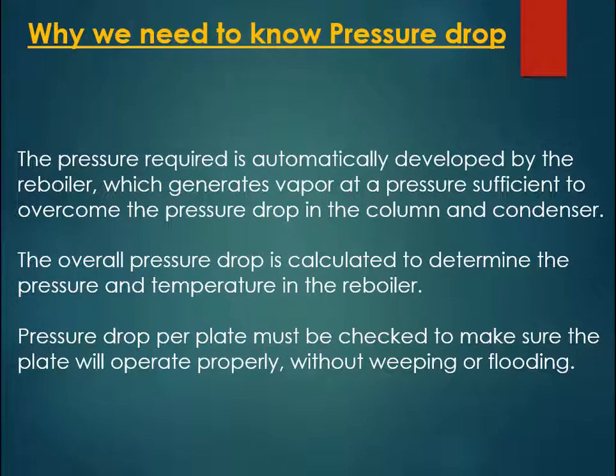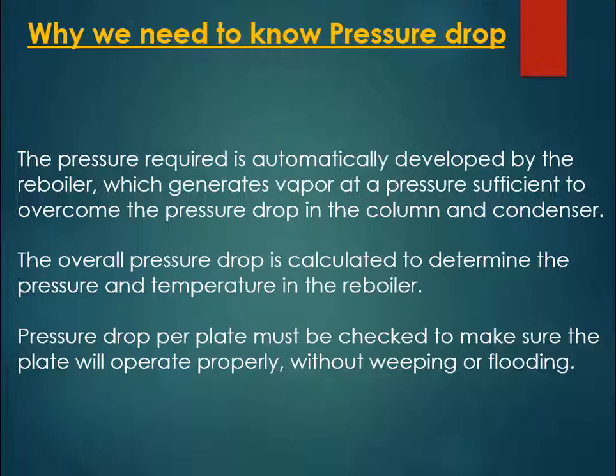How pressure drop is linked with all these operational instabilities will become clear in this lecture and in the subsequent lectures. For right now, we should understand that we need to know the pressure drop per plate for a thorough understanding of operational instabilities like weeping, flooding, entrainment, and all those things.